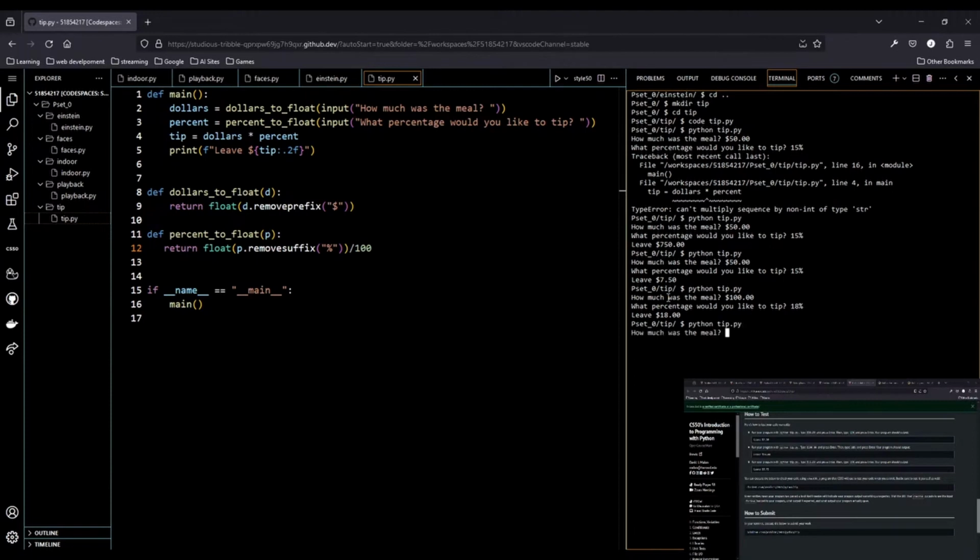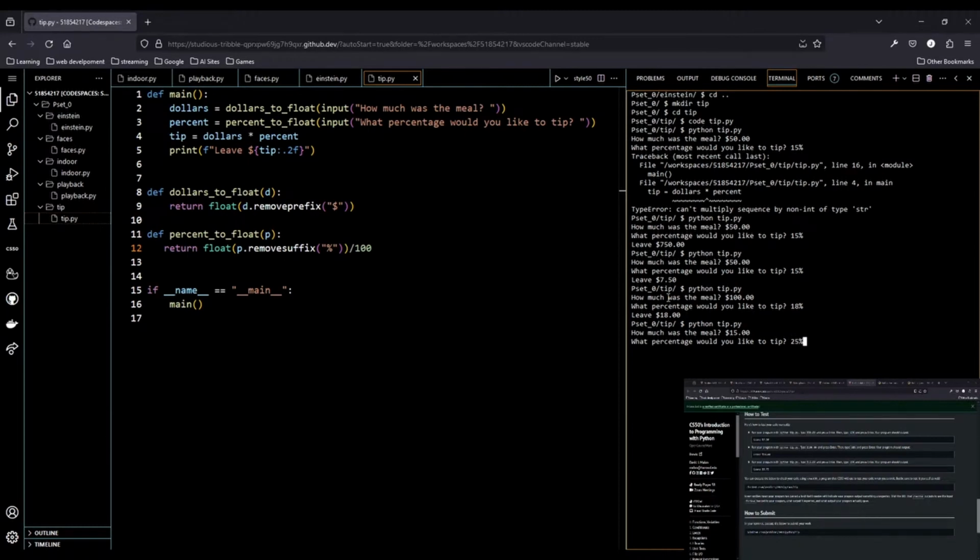Tip, how much was the meal? This is not how I would do this. I wouldn't make the user input the dollar sign, just because I already find it annoying.